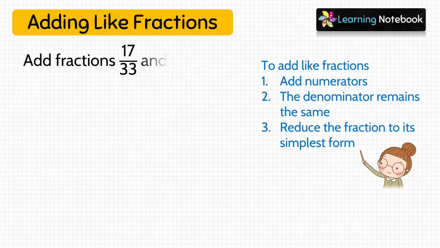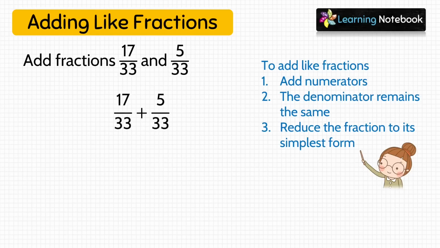Let's take an example. Add fractions 17 by 33 and 5 by 33. So to add these two like fractions, we will just add their numerators. So 17 plus 5 equals to 22 and the denominator 33 remains the same.